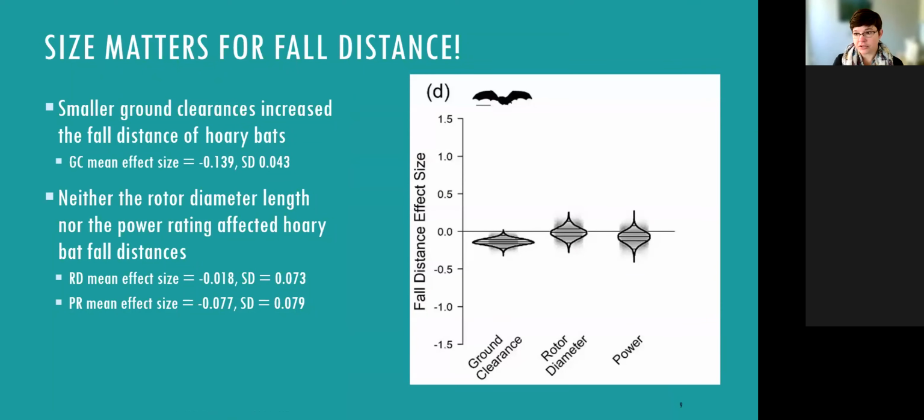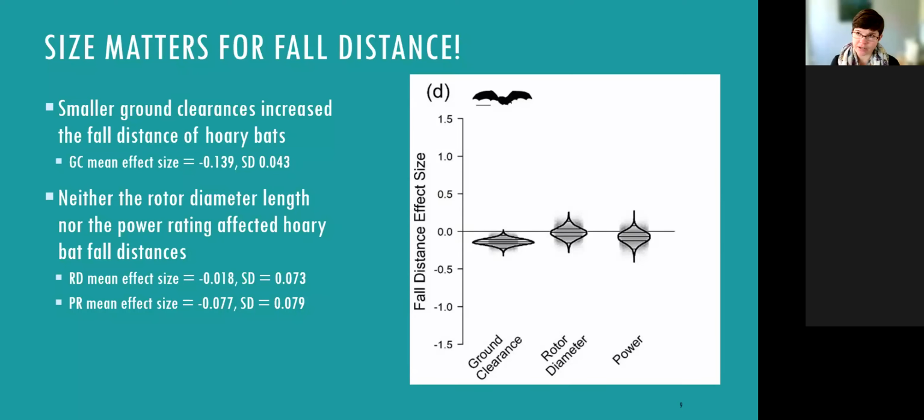As I mentioned also, the fall distance is also being affected by ground clearance. How far out you have to search in order to capture most of the bat fatalities, regardless of their removal by scavengers, is also being influenced by ground clearance. We're not quite sure of the causal mechanism here, but as the ground clearance decreases, we see that the hoary bats are falling farther away from the turbine, which seems a little bit counterintuitive.